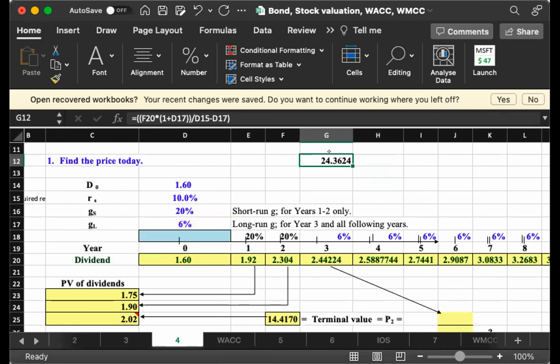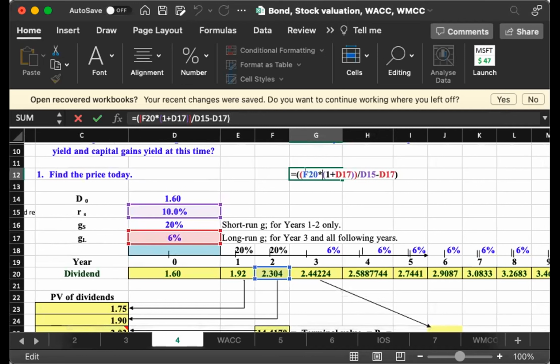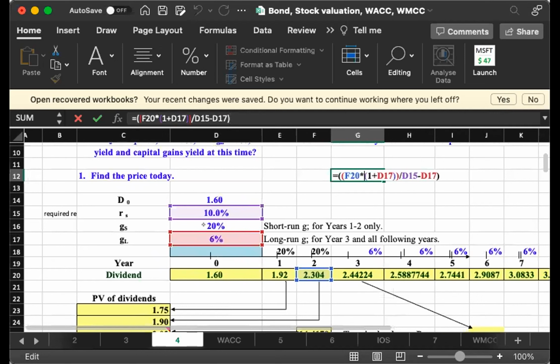How did you get that? From the formula, I just took this and multiplied by 1 plus the G, which is the growth rate, 6%. And then divide that by the required return, the 10, minus the growth rate again.